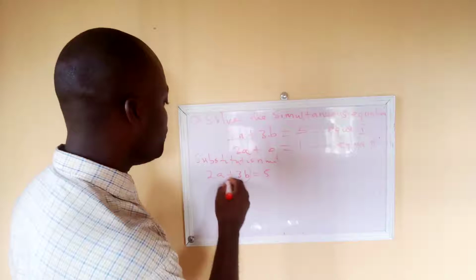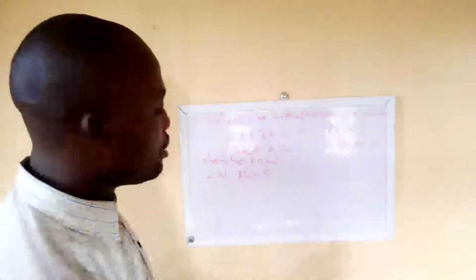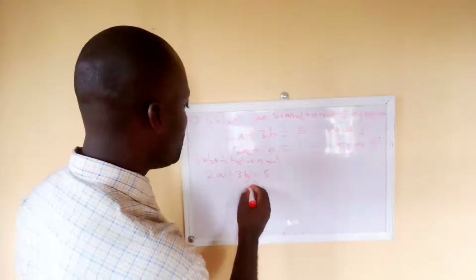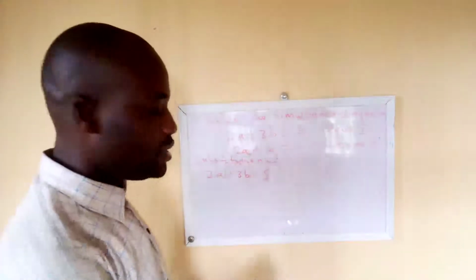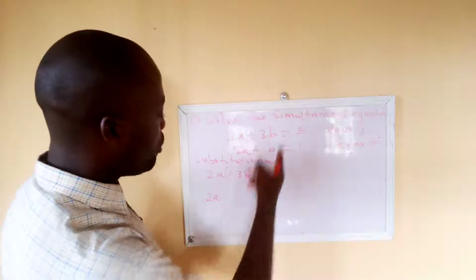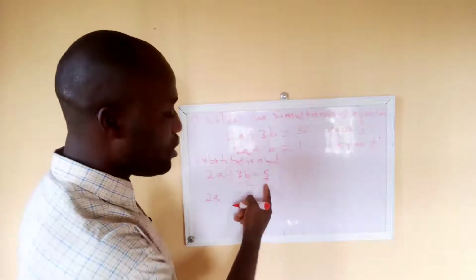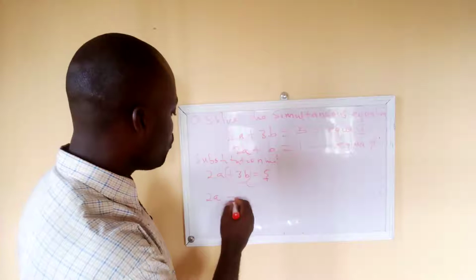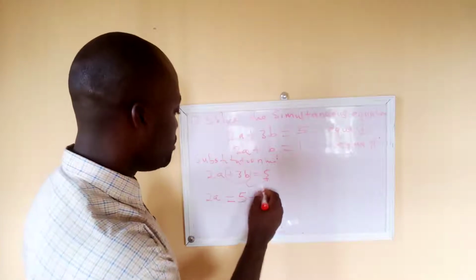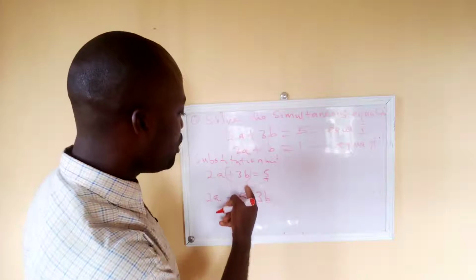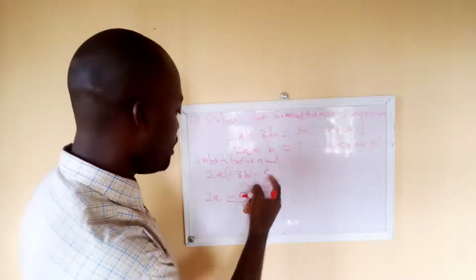We want to take plus 3b from the left hand side to the right hand side. So 2a will remain where it is. Plus 3b will leave this place and go to the right hand side to meet 5, and it will be 2a equal to 5 minus 3b. The sign will change.